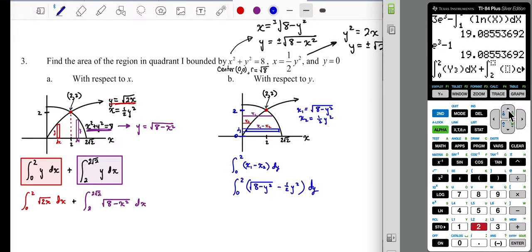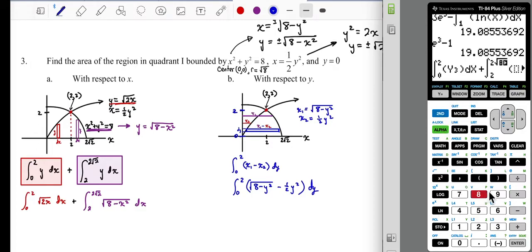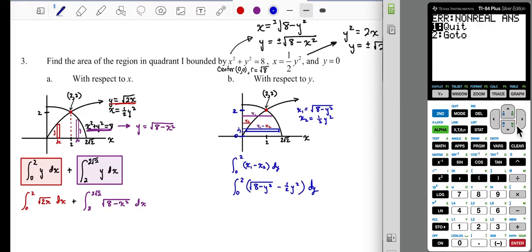So alpha trace y3, pop in an x, and then add to that math 9, integral over the interval of 2 to 2 rad 2, or rad 8, because it's just less typing. And that would be alpha trace y1. And we get a non-real answer. Alright, where did I screw up?